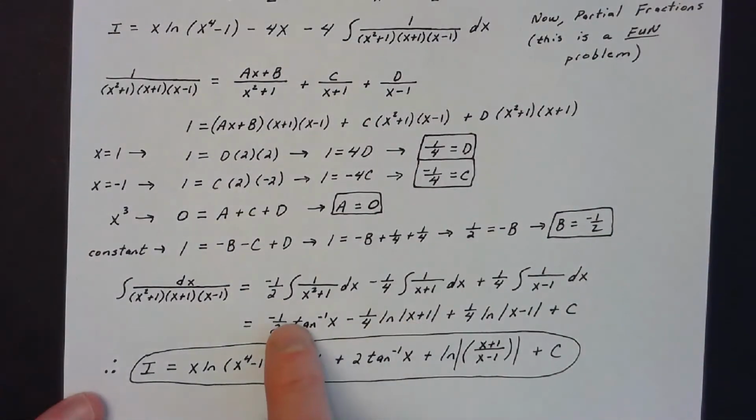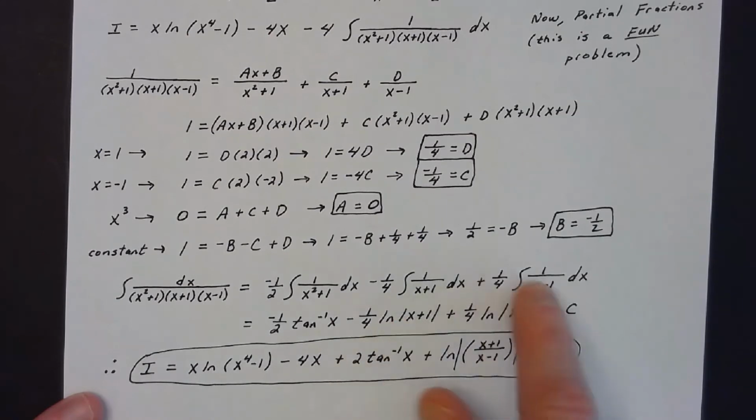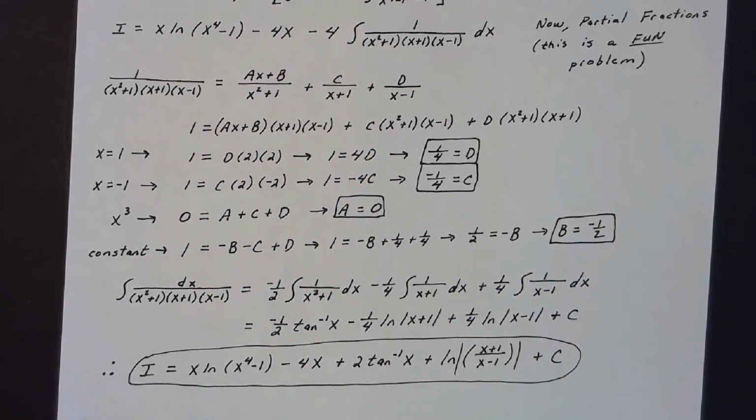So you'll see that's why I have plus 2 inverse tangent of x, and then it would be plus this natural log minus this natural log when I multiply by the negative 4 term. And so I've condensed them down to 1. It's going to be plus the natural log of x plus 1 divided by x minus 1. It's not wrong to keep them as separate logarithms. I just chose to condense here. And then, of course, we have plus our constant of integration.